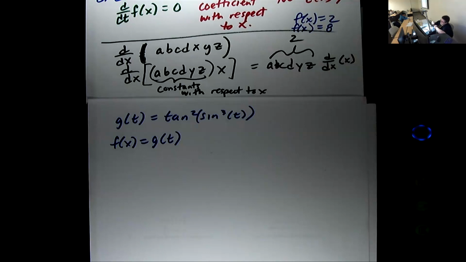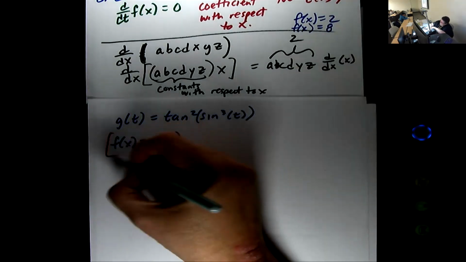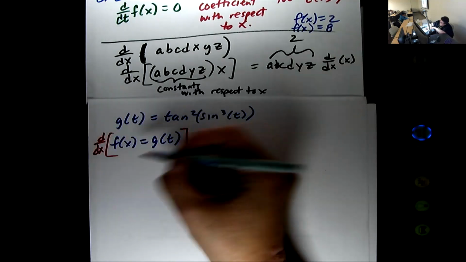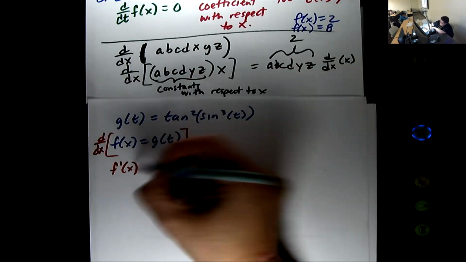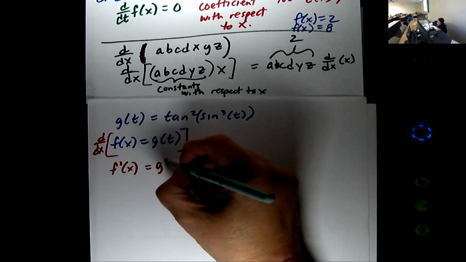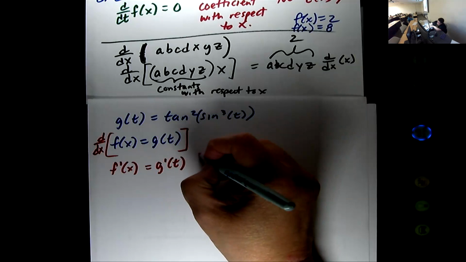And if you say take the derivative with respect to x, this is fine. This becomes g prime of t dt dx.